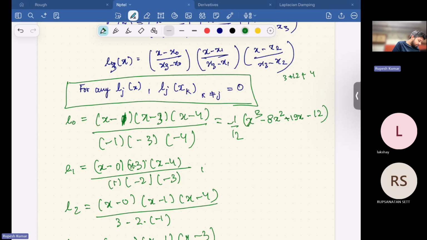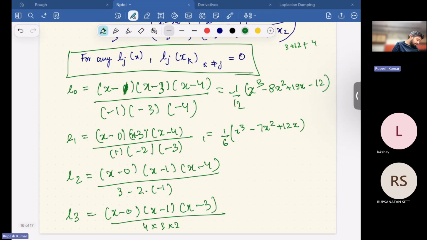The second term would be 1 by 6 into x cube plus (a plus b plus c) x squared, so 7x squared plus 12x. So this is your second term.